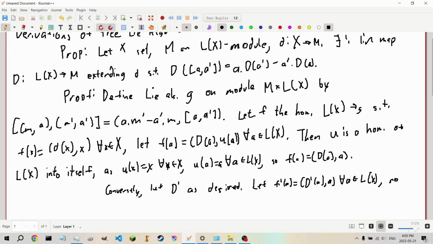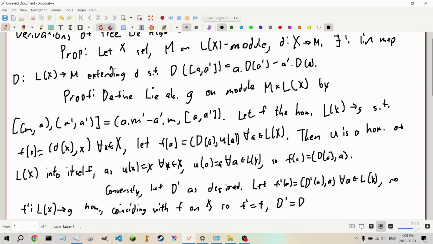So f' from LX into G is a homomorphism with f on X. So f' is f, and thus D' is D.